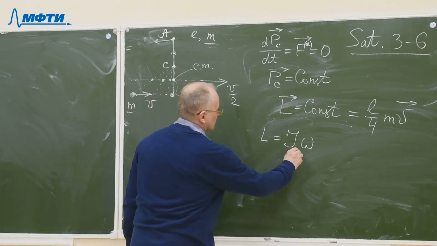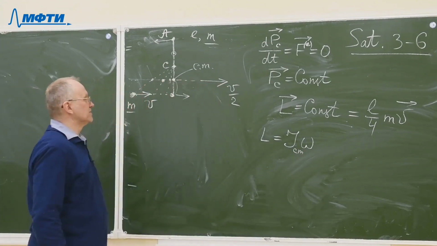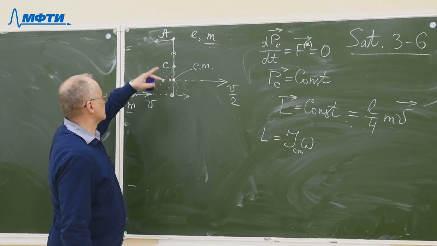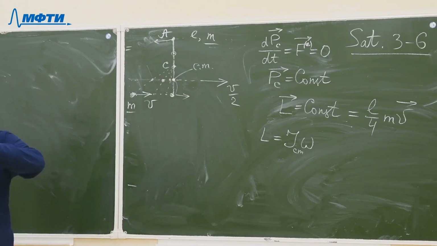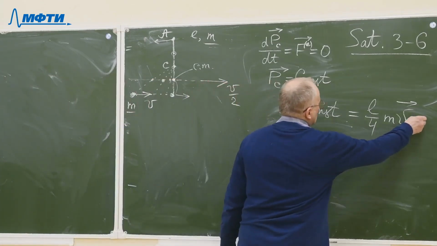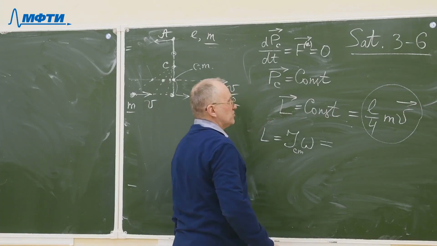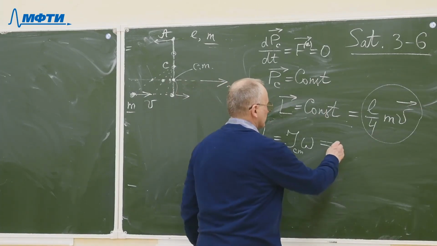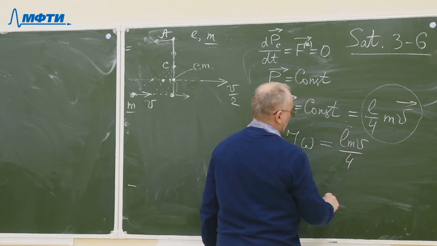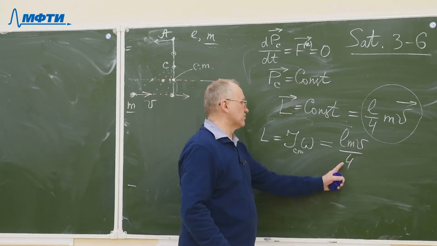Center of mass, let's let it be this way. This is the center C of the rod, and this is the center of mass of the total system of bodies. And that should be equal to the angular momentum just before the collision, Lmv over 4.